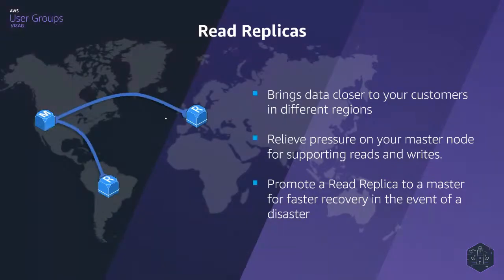Okay, let's talk about some of the other options that you have. Read replicas. This is important if you have customers across the globe. Even if you want to increase the speed of your data access, or you want to reduce congestion in your database, you can think of using read replicas. The concept here is that you have one master database and multiple read replicas.